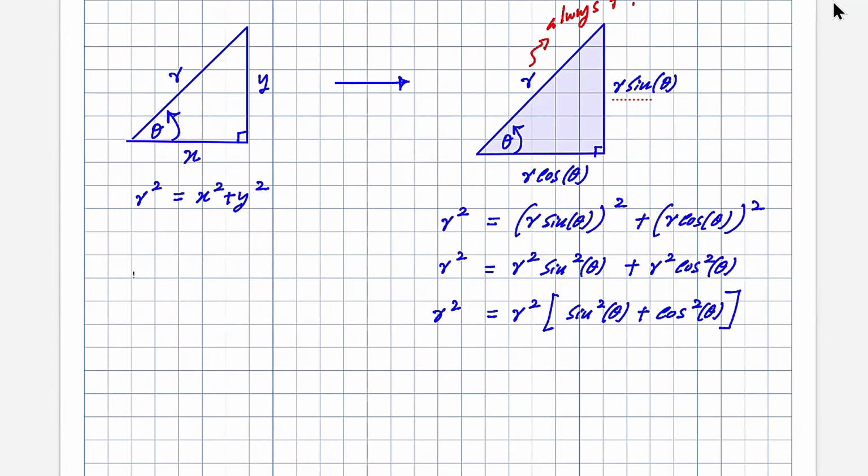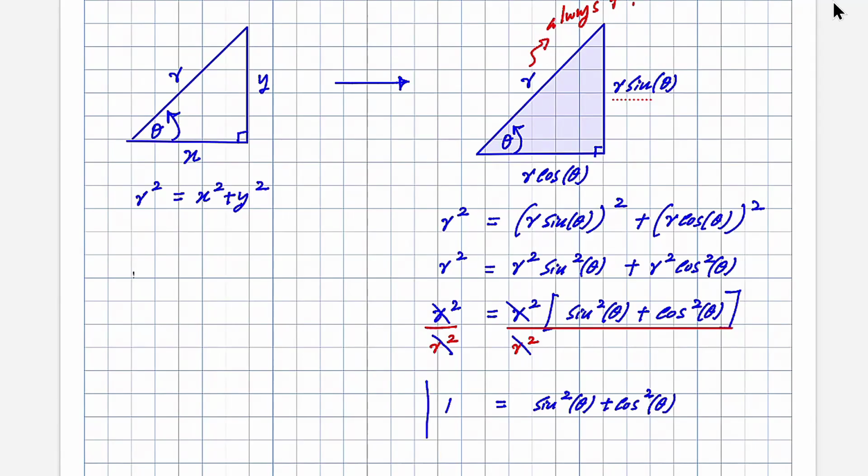Now, I'm going to divide the right hand side by R squared and the left hand side by R squared. When I divide that, R squared gone. Here R squared gone. So we got a beautiful relation. After left hand side, you get 1. Right hand side, you get sine squared theta plus cos squared theta.